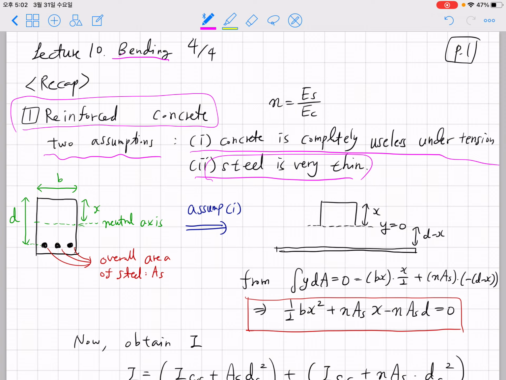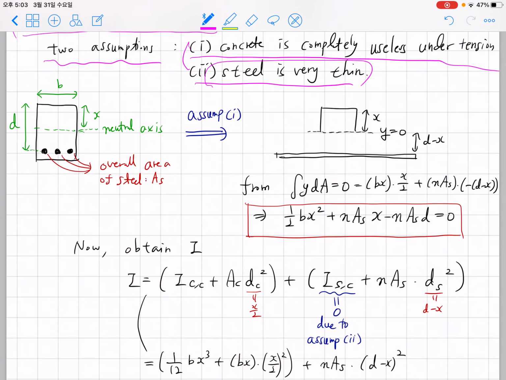These are the assumptions we made in our textbook, and based on that, we went through the following process for designing steel reinforced concrete, or 철근 concrete. Here's the geometry we considered in the previous lecture. We considered a beam of width b, and we set an unknown location x, the distance from the top to the neutral axis.